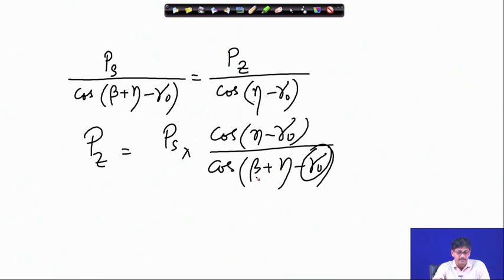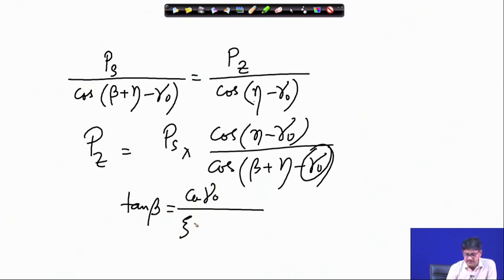If you remember, in the last lecture we had established a relation between tan beta and zeta. It was something like, if I remember correctly, tan beta is equal to cos gamma 0 by (zeta minus sin gamma 0). Okay.